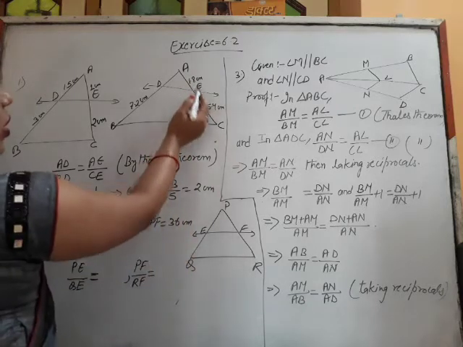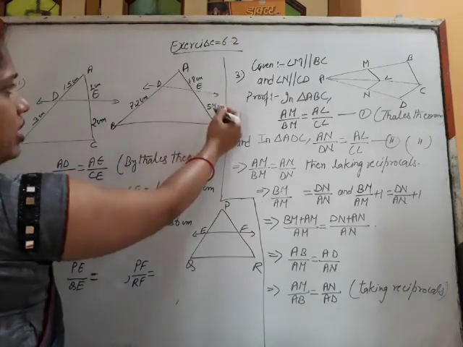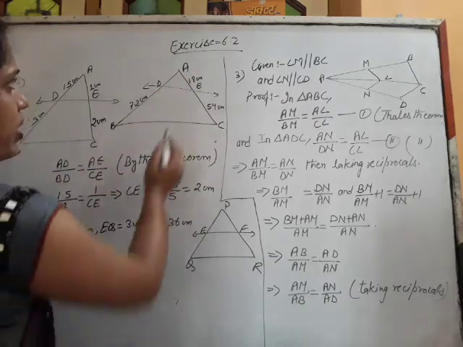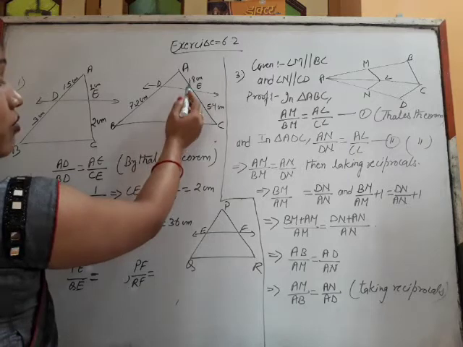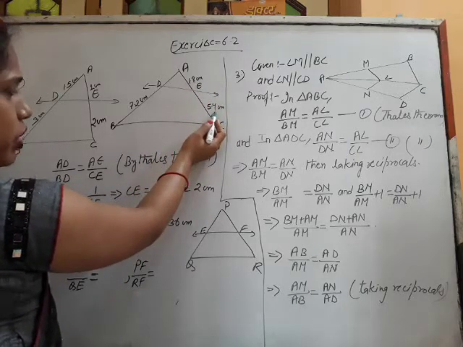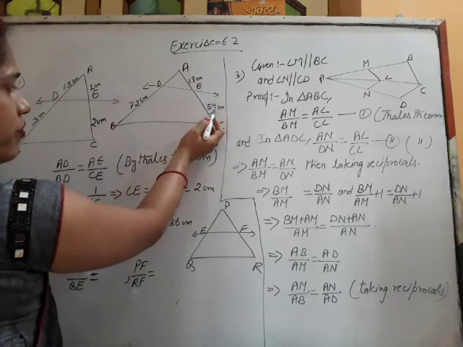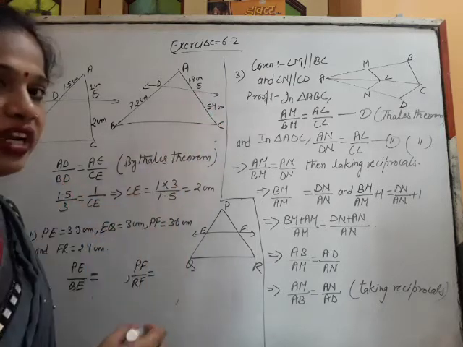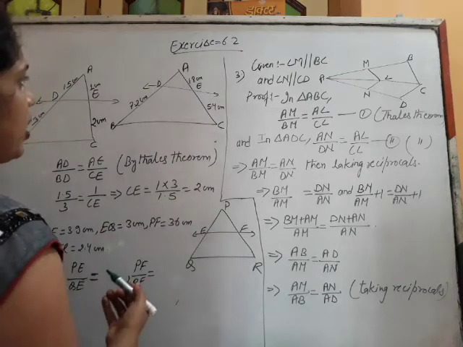Here 1.8, 5.4, and this one is not given, and this is 7.2. 1.8 becomes 5.4 when we multiply it by 3: 8 threes are 24, 3 times 1 is 3, and 54 in decimal is 5.4.